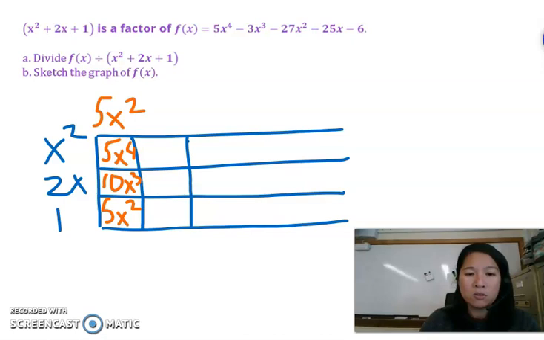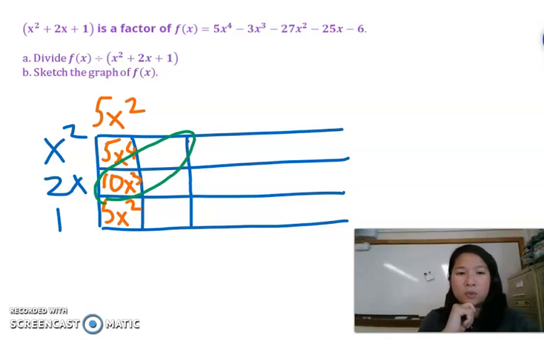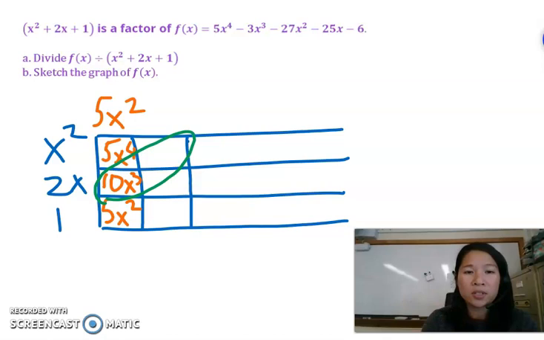Alrighty. Now we need to find that term. We know we need to add 10x cubed to something else to give us a negative 3x cubed. Well, that is going to be negative 13x cubed.